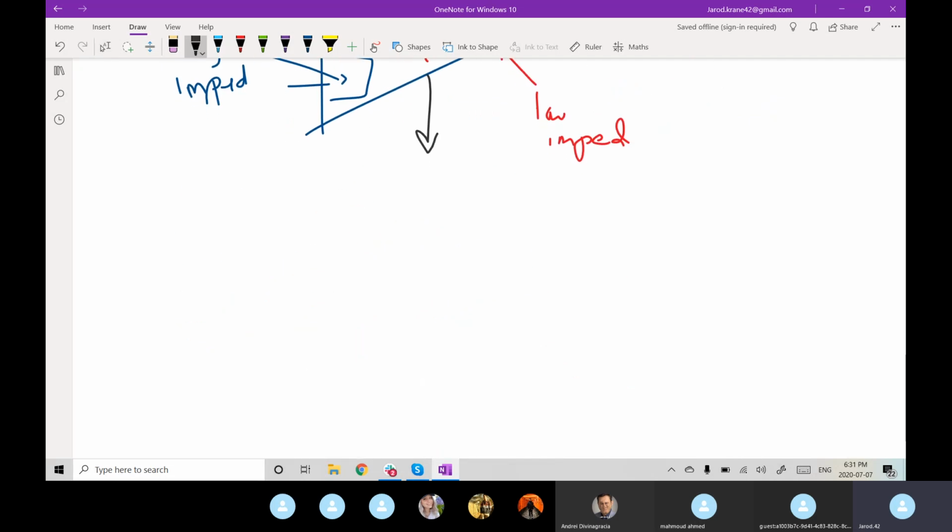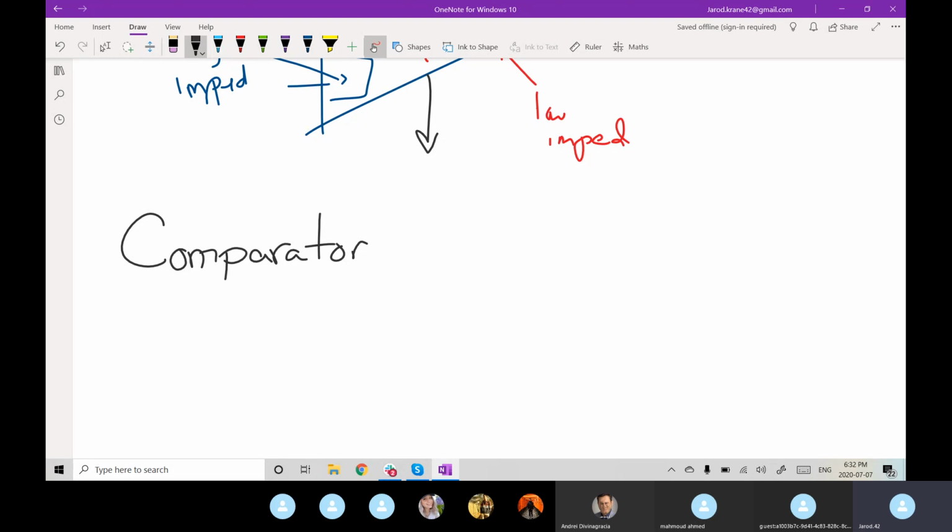Okay. And we'll jump into the easiest one, being the comparator. Now, there are dedicated ICs for being a comparator.